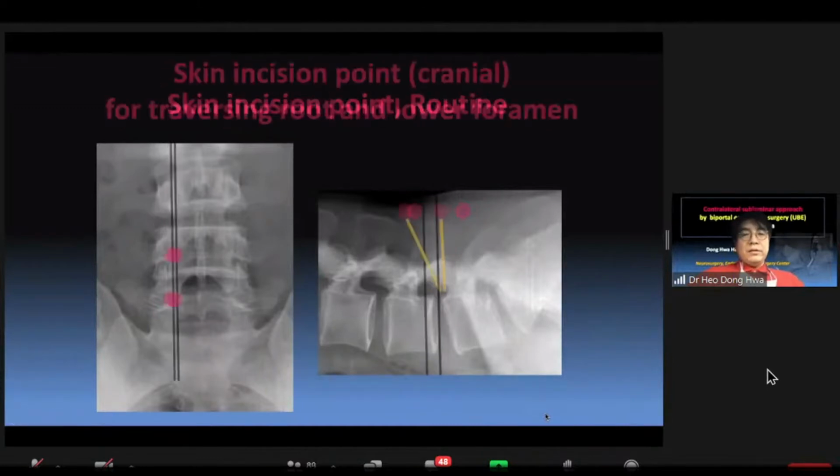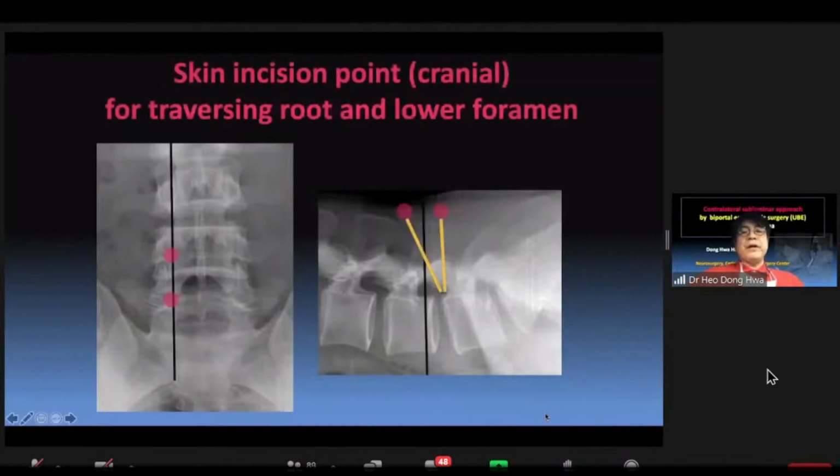And if the main target is the traversing root and lower foramen, we have to make the two skin incision points more cranially, like this. So the incision modification is very important for easily approaching the contralateral foramen.